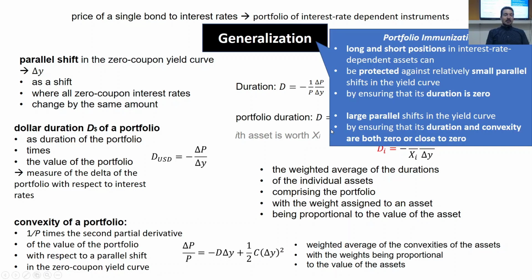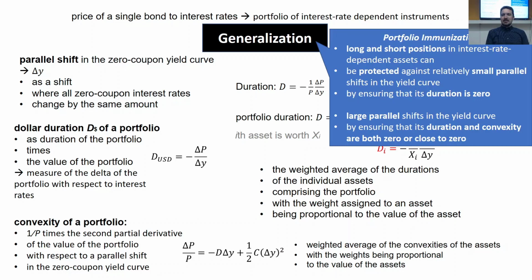So, portfolio immunization at the end of the day: we have to take long and short positions in interest rate dependent assets, and in this case we can be protected against relatively small parallel shifts in the yield curve. That's why we have to maintain a portfolio where the duration is zero.